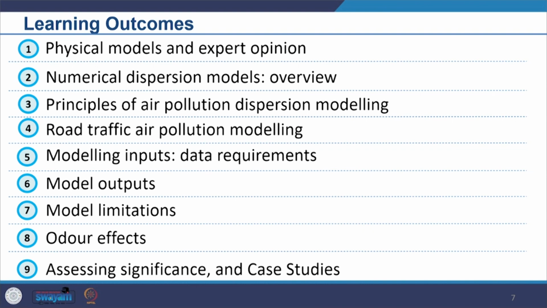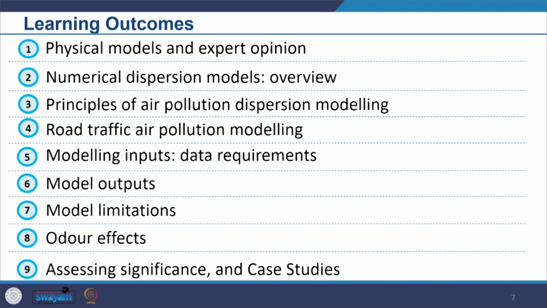You should be able to list road traffic air pollution modeling tools which are available to you. You should be able to identify the modeling inputs, like what kind of data is required and from where you will find those data. You should be able to review the model outputs. So, once you get the model output, you should be able to see what it says, and further you should know what to expect after you have done modeling.